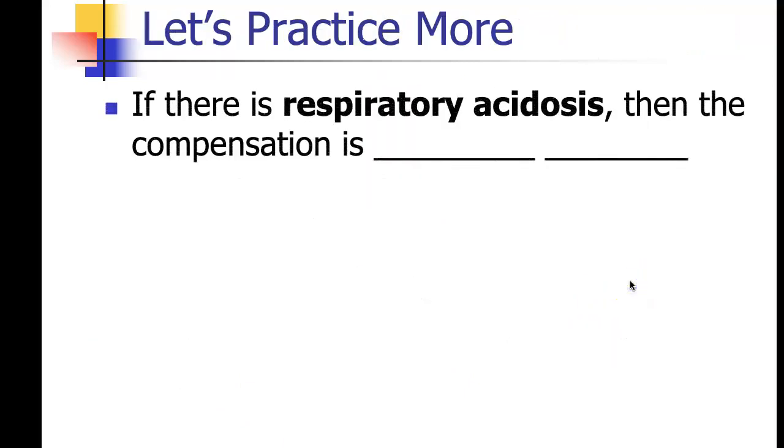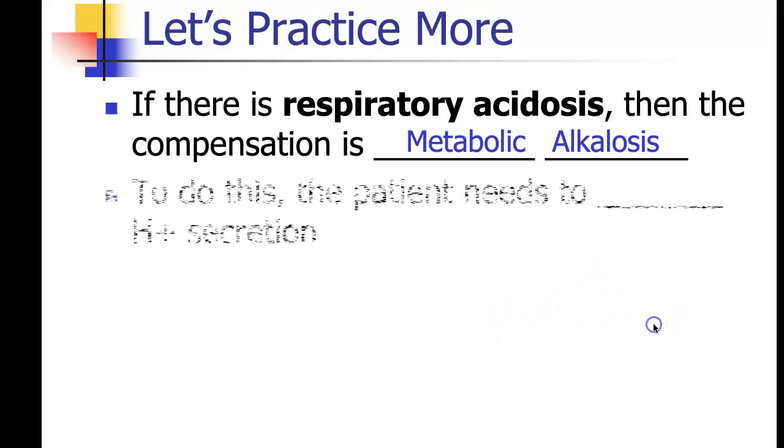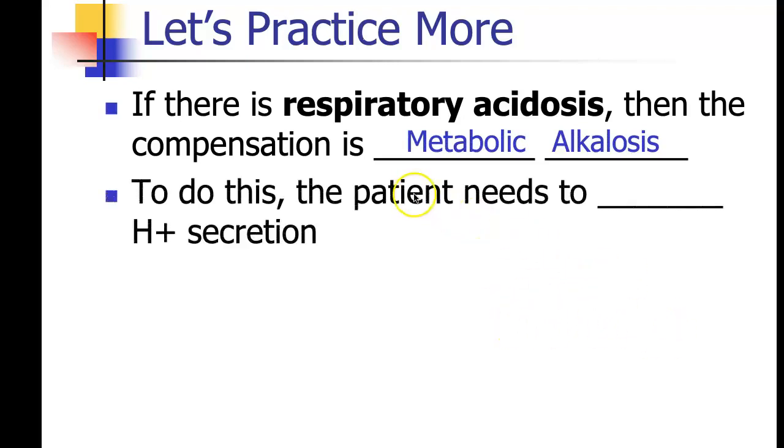All right, different example. If there's respiratory acidosis, think about what the compensation might be. Would it be respiratory or metabolic? Would it be acidosis or alkalosis? Okay. Respiratory acidosis is going to be balanced, compensated for by metabolic alkalosis. Okay. So to do this, our patient is going to need to do what to H plus secretion?